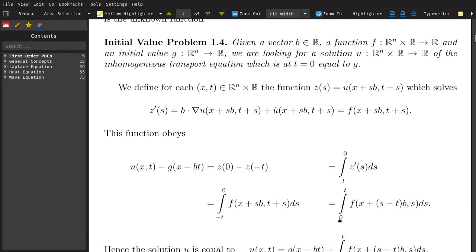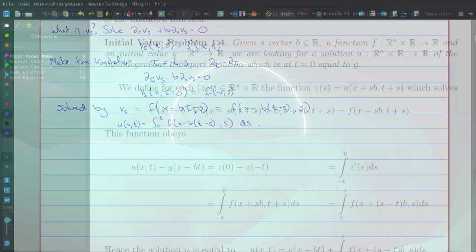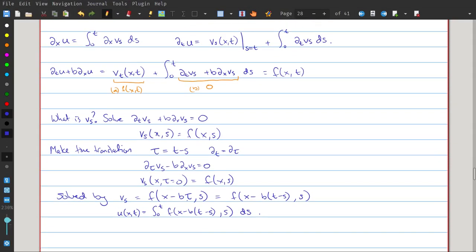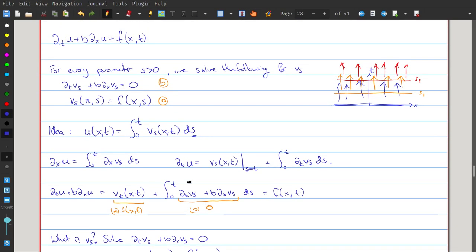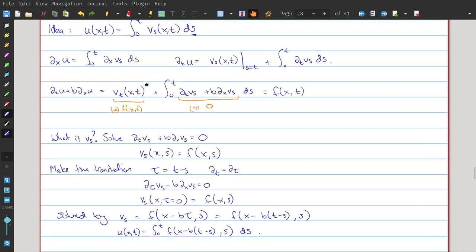We have here that it's u, plus some extra initial term, for the new initial term is equal to the integral from 0 to t of f of x plus sb minus tb, s, integrated over s. And here we have minus (t minus s). So just manipulating that minus sign, we see that these two are actually the same. So this is how you can use Duhamel's principle to solve the inhomogeneous transport equation.